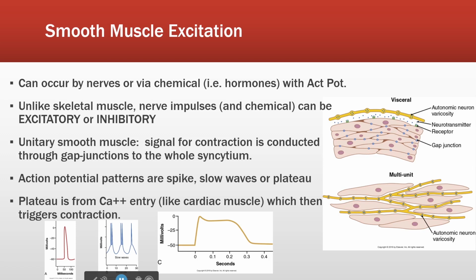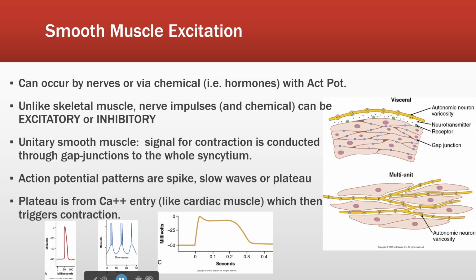The action potential patterns that we see in smooth muscle are quite a bit different than what we see in skeletal muscle. In skeletal muscle, we kind of see the classic action potential. But instead, in smooth muscle, we see these spike patterns where we'll get a rapid up and down, depolarization, repolarization, or we get slow waves.